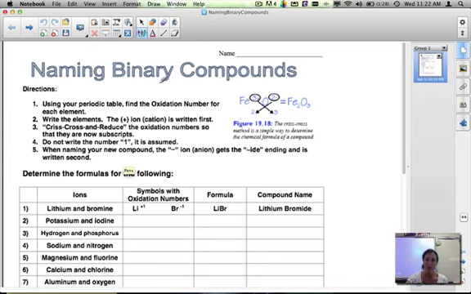Okay, so let's look at example 2. Number 2 says potassium and iodine. So look on your periodic table, find potassium. Potassium is found in group 1A, has a symbol of K, and it has a positive 1 charge.